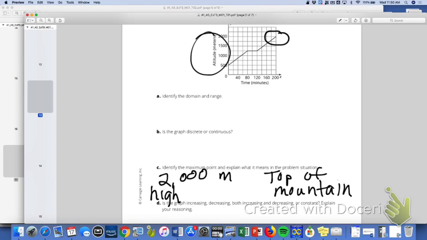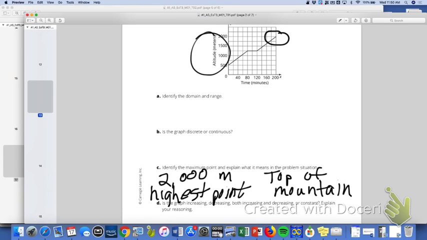Good job, Dee. You could say his maximum height. There's several things that you could say, but don't just say the highest point. I need to know that you know that it's a person whose altitude is increasing because it specifically asks about the situation.